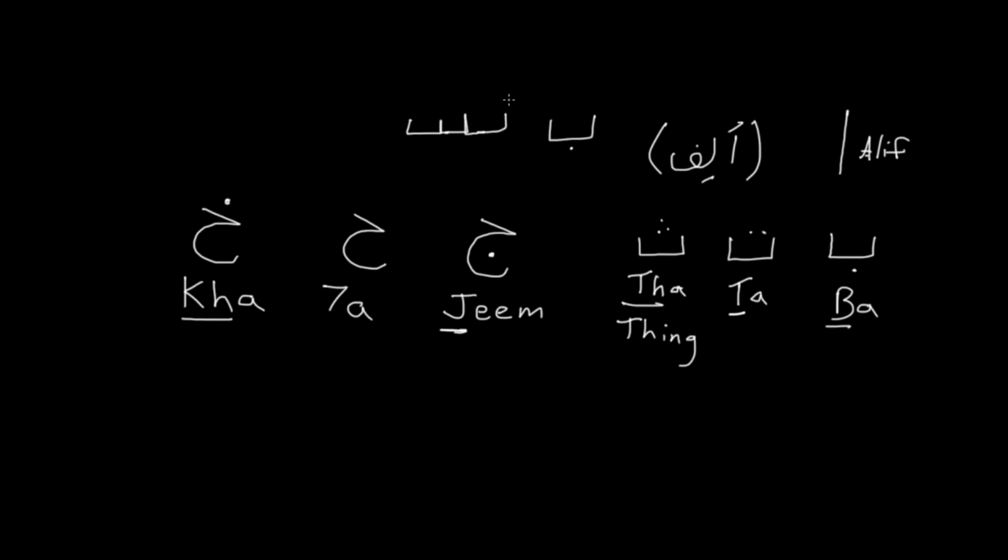And if you wanted to make this Ta, you would just put 2 dots above it. So this would be like T, T, T. Remember, it's read that way. So if you put that little A mark above it, it's Ta, Ta, Ta.